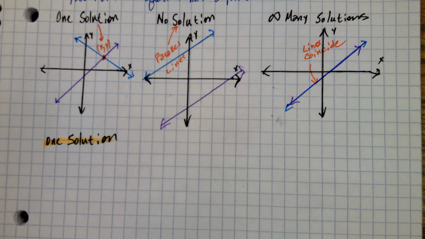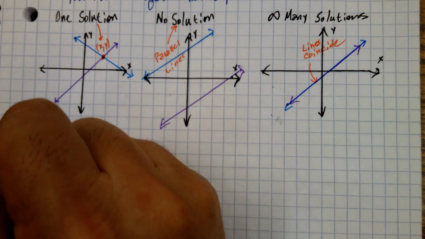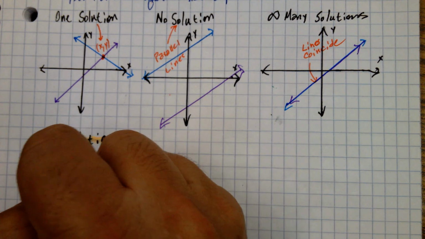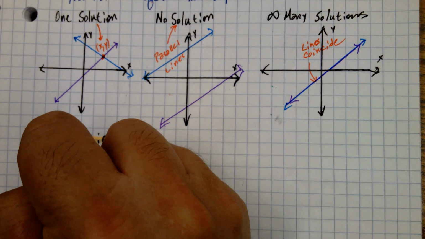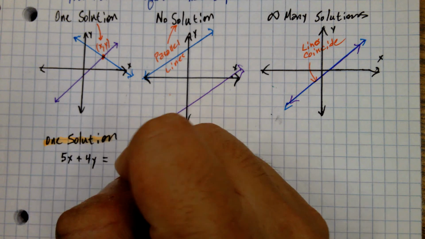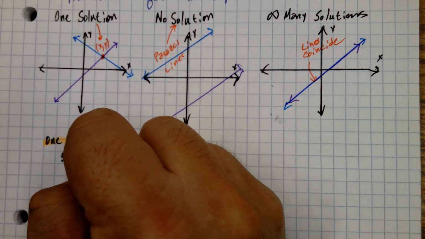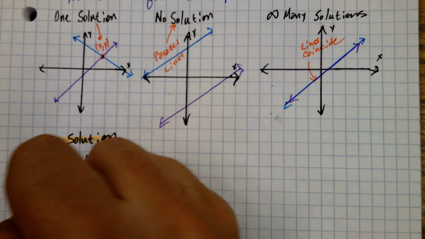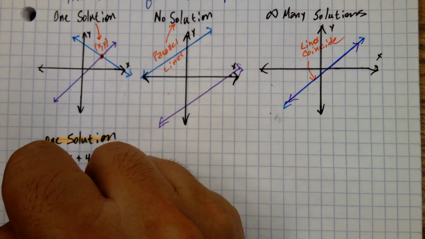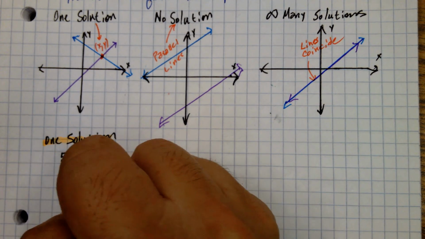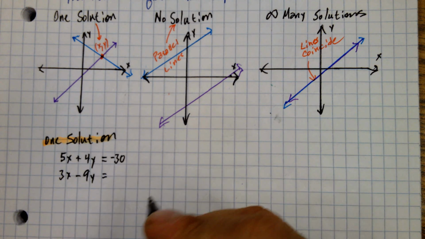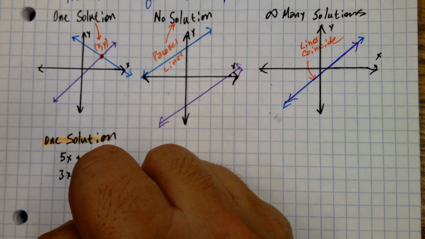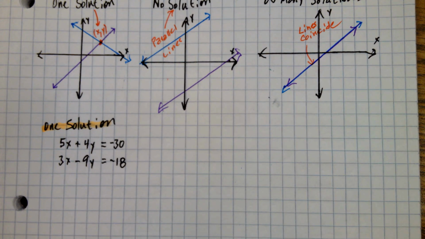Here we go. 5x plus 4y equals negative 30, and 3x minus 9y equals negative 18. Okay, so write that down. Here's the system.